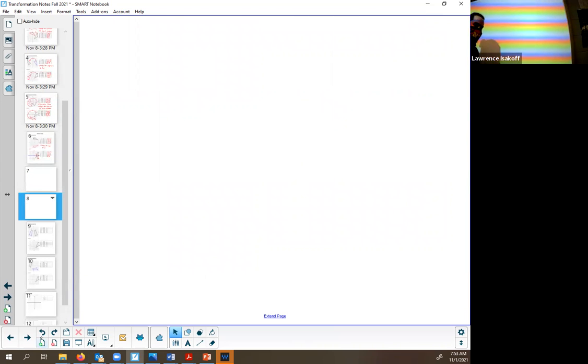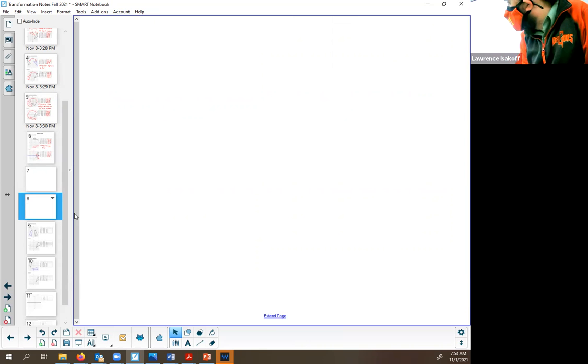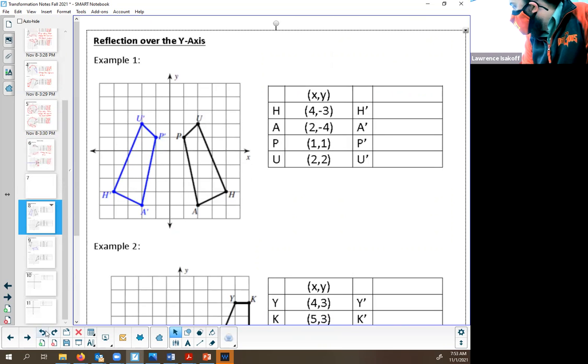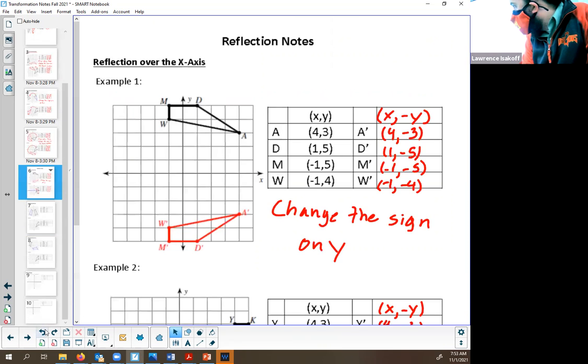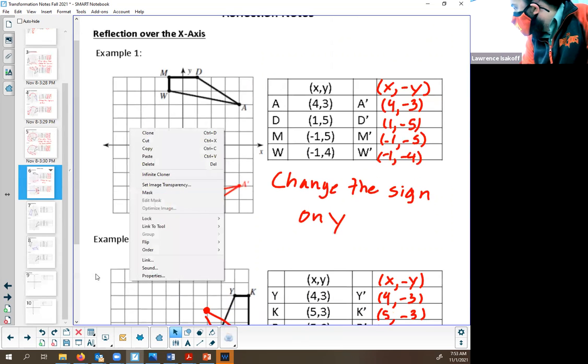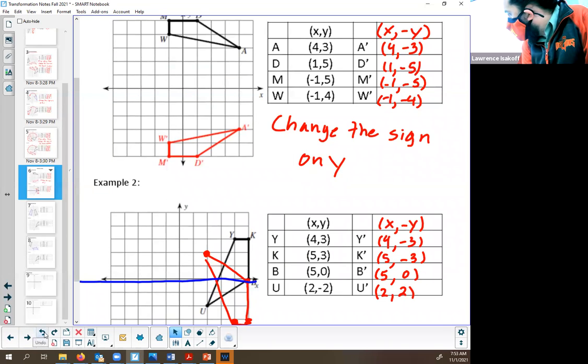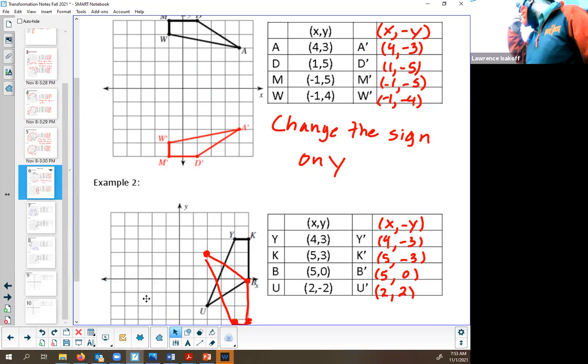Oh, that's not where I want to hit. Sorry about that. Calibration's a little bit off. There we go.